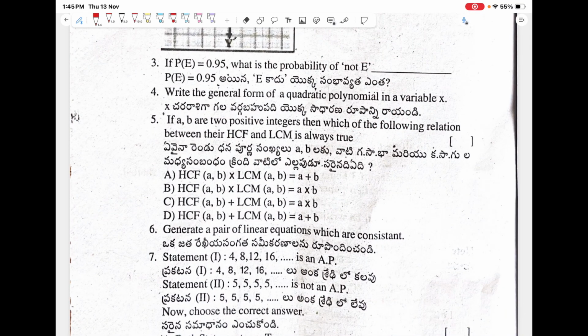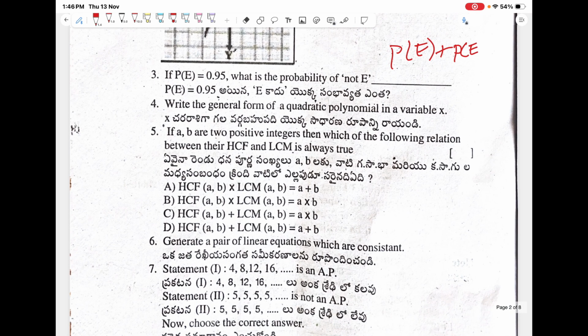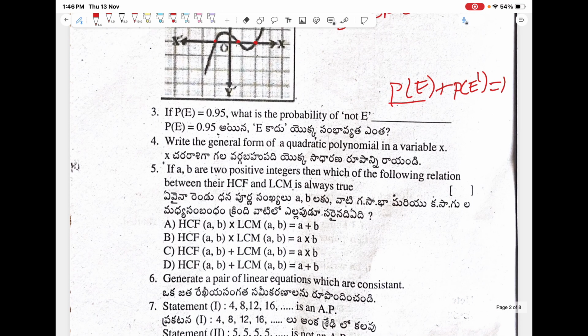Observe question number 3. If P of E, the probability of event E, equals 0.95, then what is the probability of not E? So we are in probability. The probability of getting the event plus the probability of not getting the event equals 1. Already the probability of getting the event is 0.95.